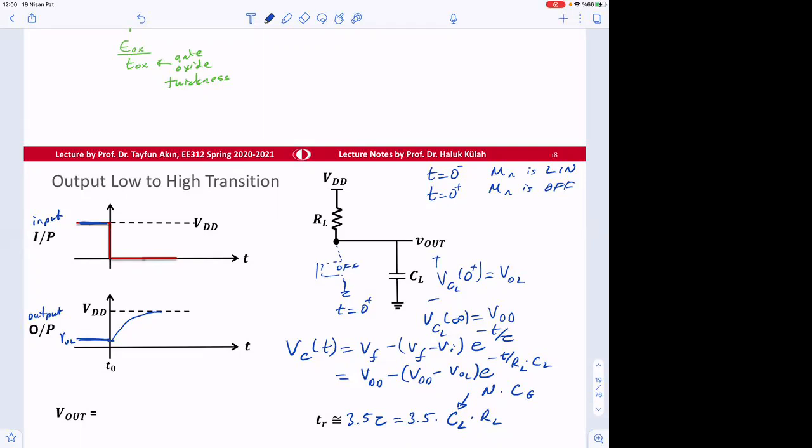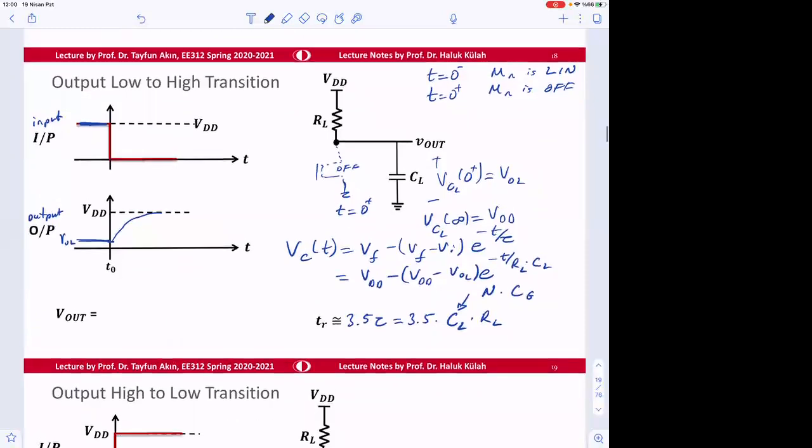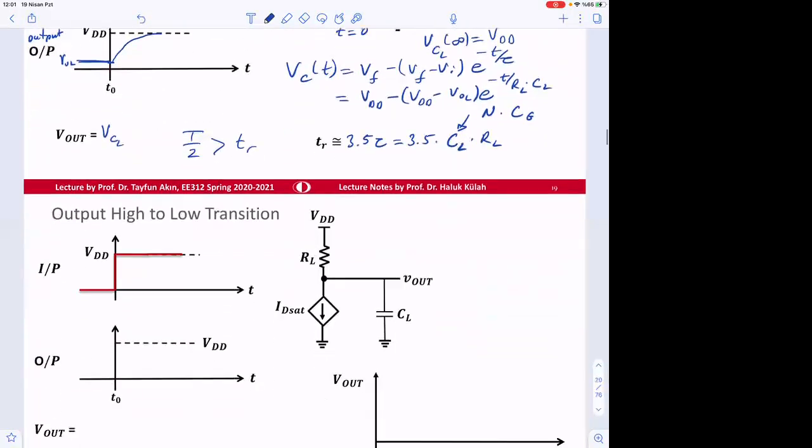Okay, so that's how we find it. V out is equal to VC of L. So our T divided by 2 should be larger than TR for proper operation.